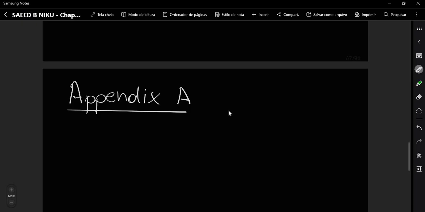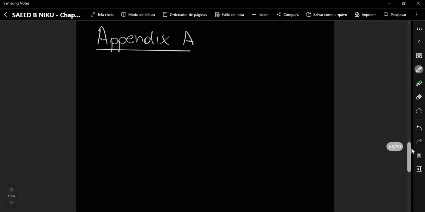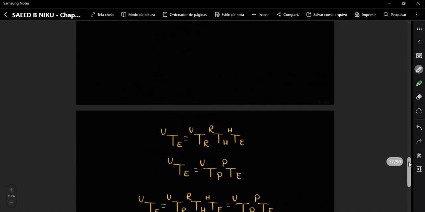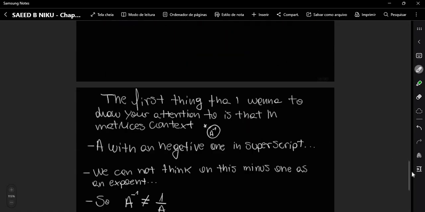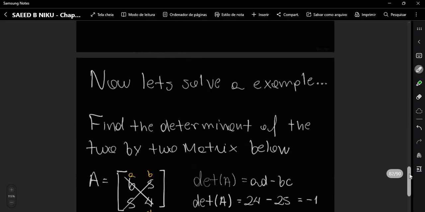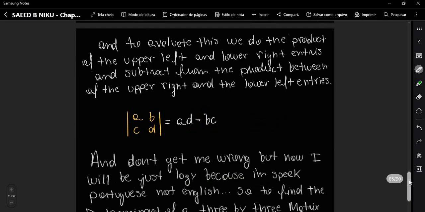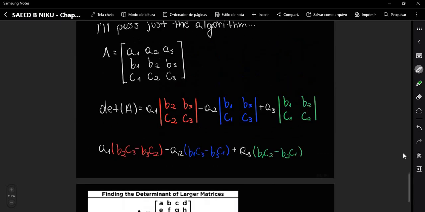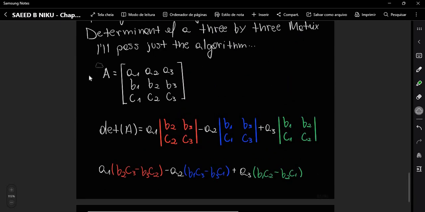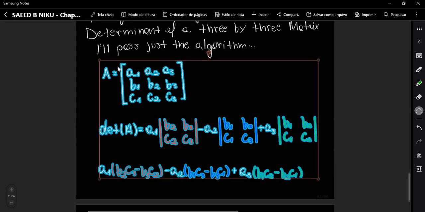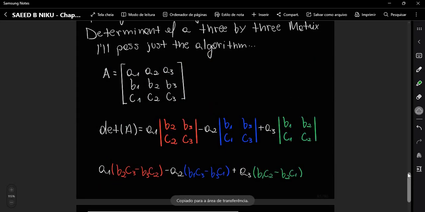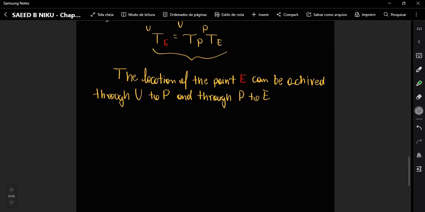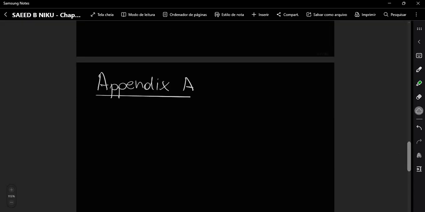And I already passed to you, remember I said the algorithm is going to be useful. So we're going to use this algorithm, but I will change the notation of the terms a little bit. Let me copy this, and I will change the notation so we get the same as in the book.